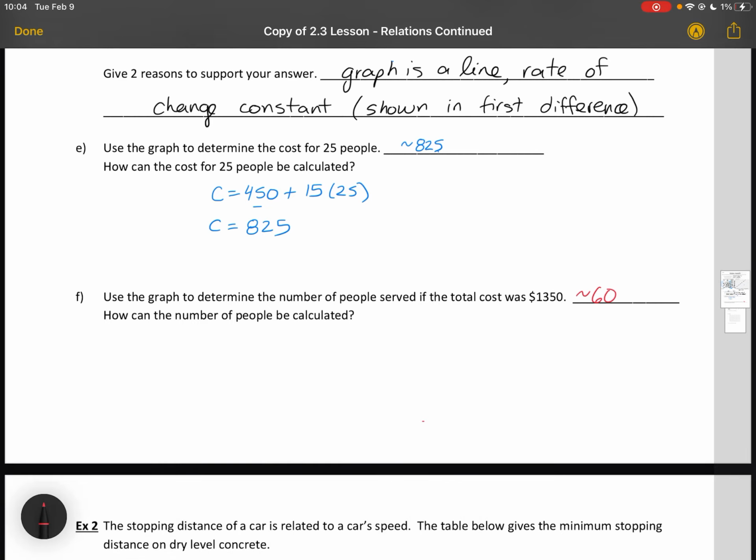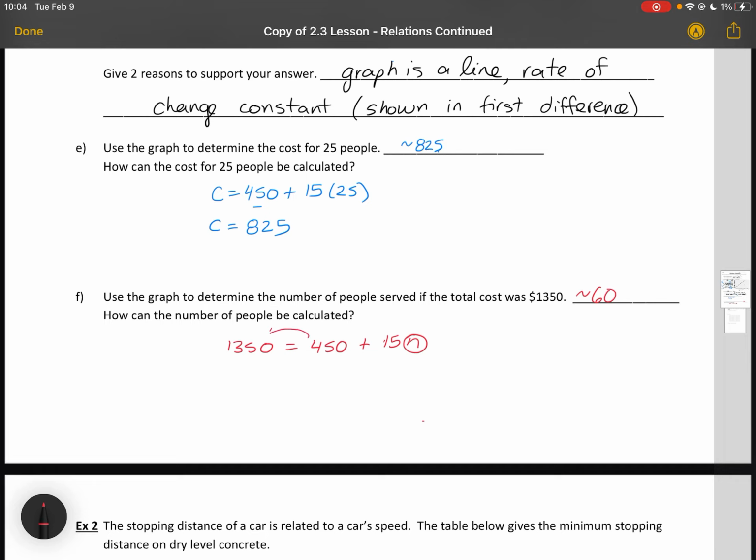Using my approach here, I can still calculate it. I know that my total cost is $1350. I know that my base fee is $450. And I know that I paid $15 times N. I'm trying to figure out what value of N would go in there.